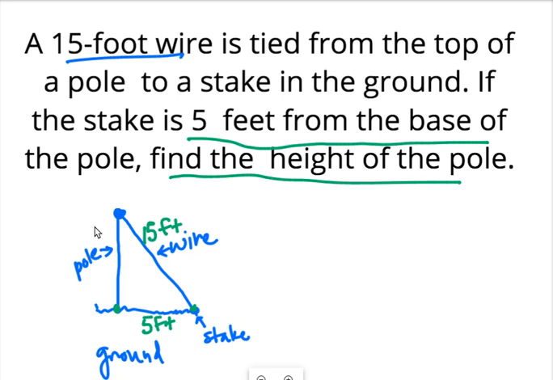We do not know the height of the pole. We can call that A, we can call that B. Now we know that it's either A or B because a pole in the ground makes the pole and the ground create a right angle. So I know the hypotenuse, I know one leg, I need to find the other.